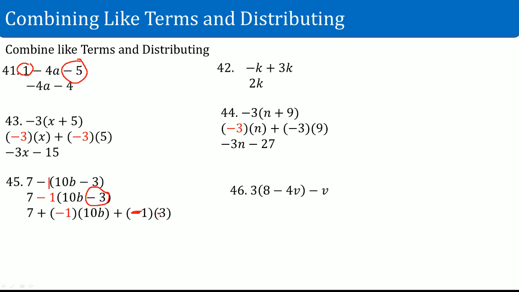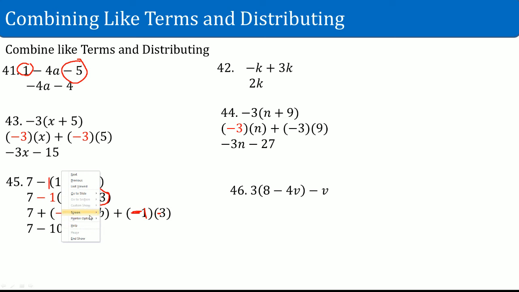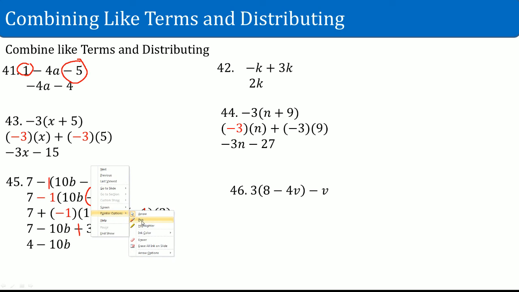Bad mistake, Mr. S. Okay. 7, -1 times 10b, which should be -10b. And this should be a negative times a negative, which should be a positive. Okay. Slow down when you do your problem. So the answer for this one should look like, nope, that is wrong. 7 plus 3, that should be a 10. So this should be a 10. Okay. That should be a 10 minus 10b.